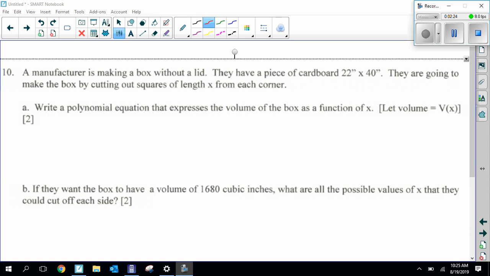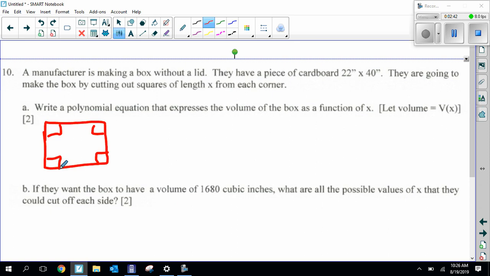All right, box problem. When you're writing the polynomial, remember, since we start with a rectangle, you got to cut a little square out of each corner, cutting x off of each corner.